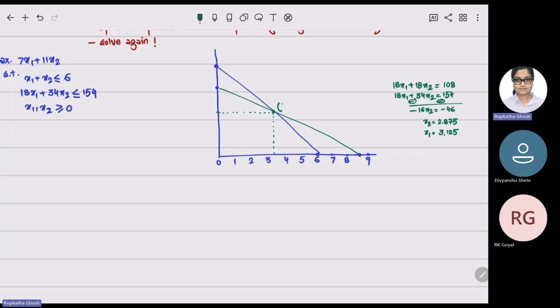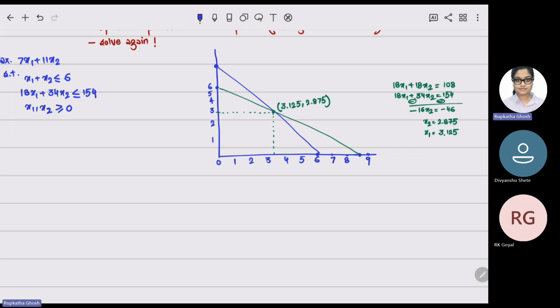So this is your 3.125, 2.875. I'll just do the marking. So here was your 6, 0, maybe 1, 2, 3 somewhere here, 4, 5.